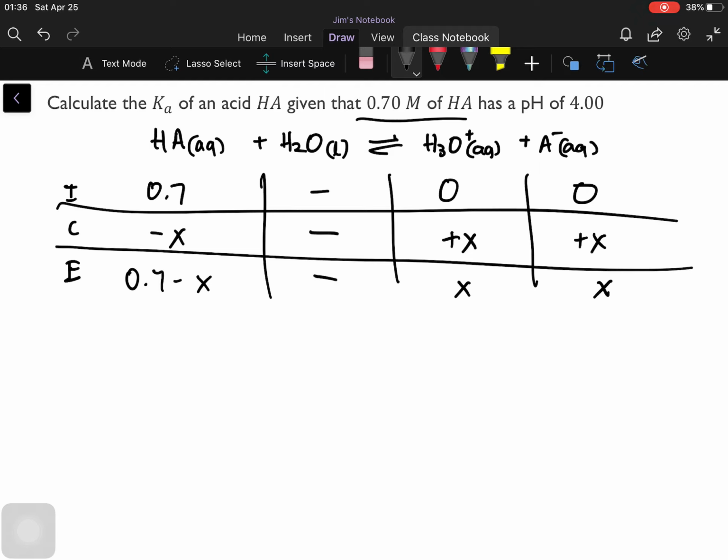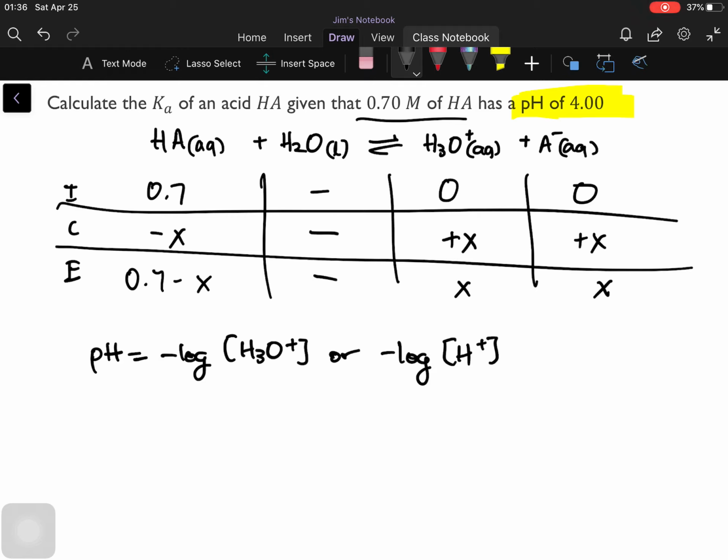Okay. Then this is a typical ICE table. How about this term? How about this one? The pH equal to 4. What does that information tell us? Okay, so if you could remember, pH is the negative log of the hydronium ion concentration, or we can simplify this as the negative log of H plus.